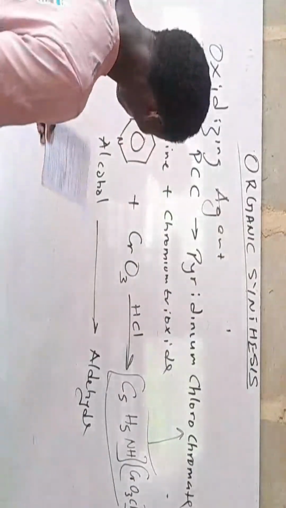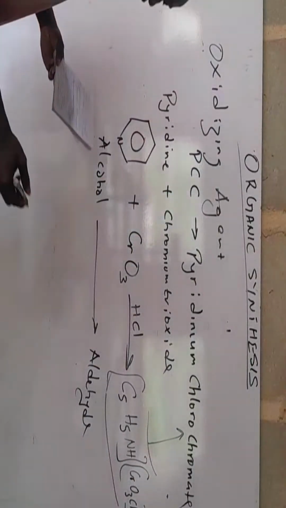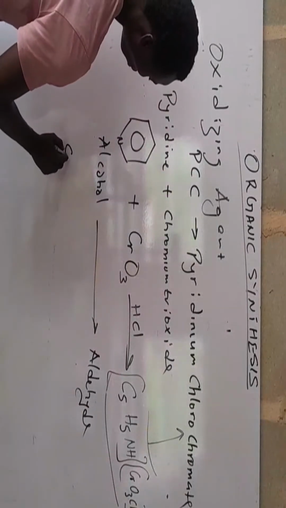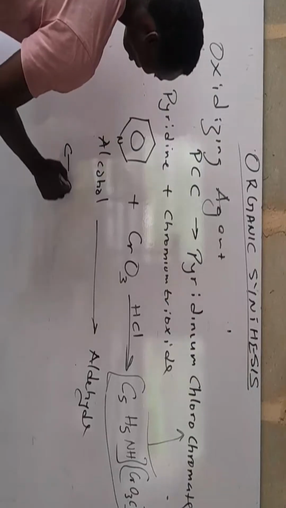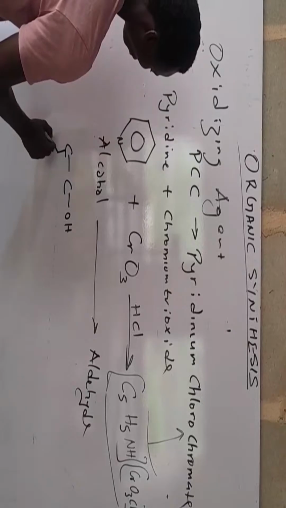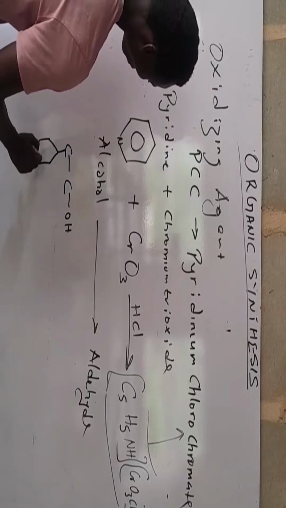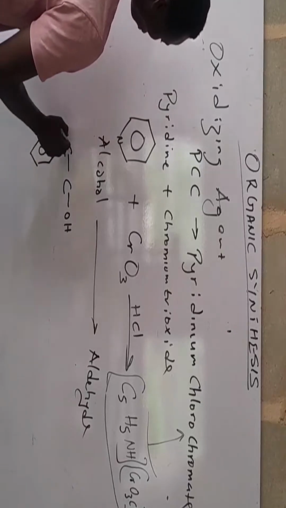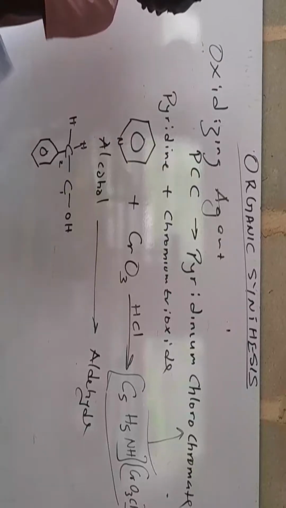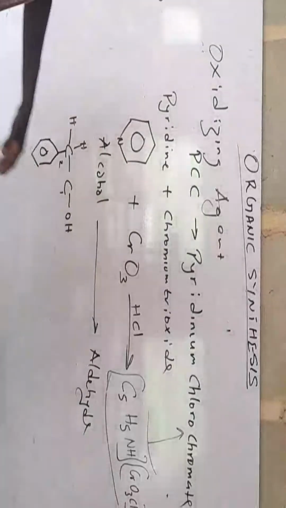Let me give you this one that is mentioned here. Conversion of 2-phenylethanol. This is ethanol like this now, carbons 1 and 2. Now, this is OH in this place. Put your phenyl here. This is 2-phenylethanol.